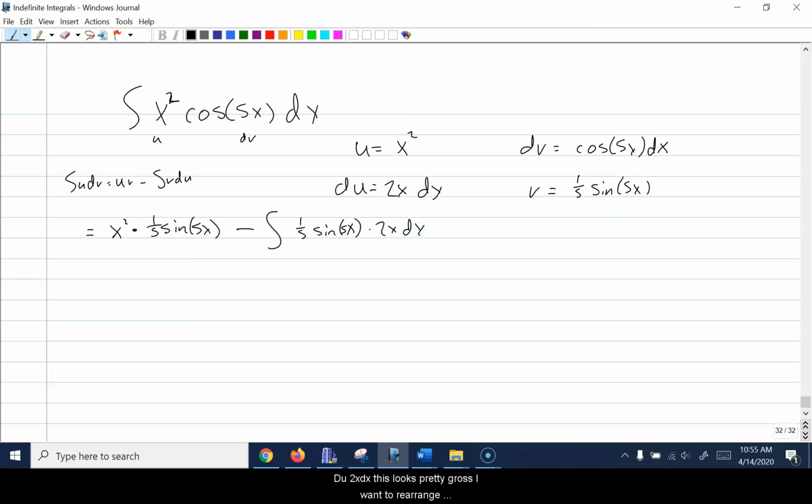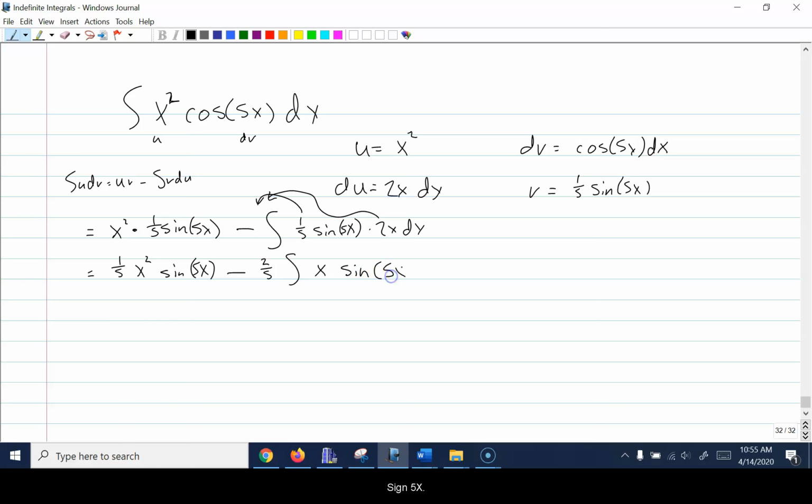This looks pretty gross. I want to rearrange these things to look nicer. That's 1/5 x squared sine 5x minus the 1/5 as a constant can come outside. The 2 as a constant can come outside. I get 2/5 outside. Integral of x sine 5x dx.